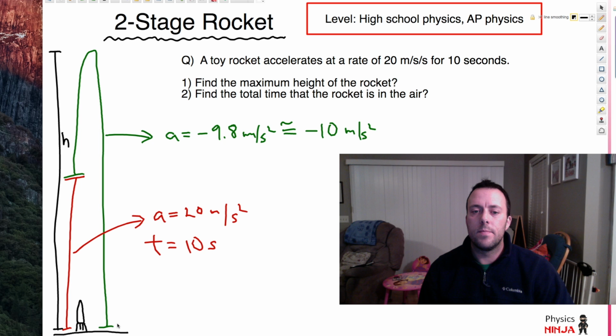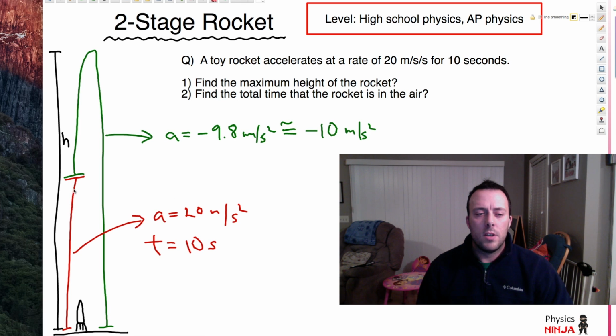Okay, so before starting to solve this problem, let's just review some of the basic kinematic equations for 1D motion. The one thing that you have to remember for this problem is the acceleration is not constant, right? It goes from 20 meters per second squared, and then once the rocket turns off, the acceleration becomes minus 9.8 meters per second squared.